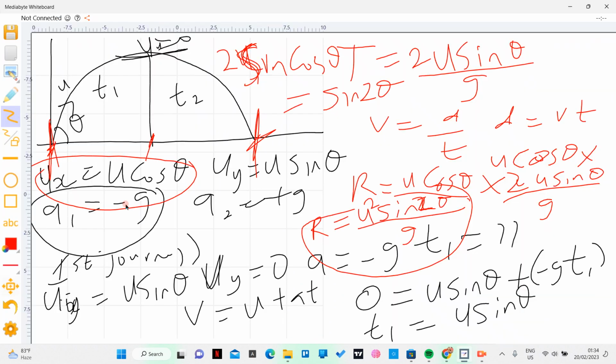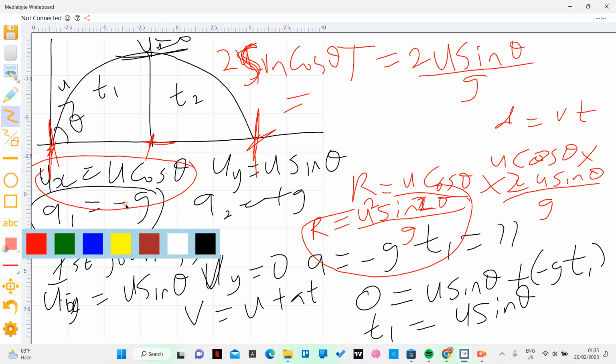Now, the maximum height is the distance from this point to this point.